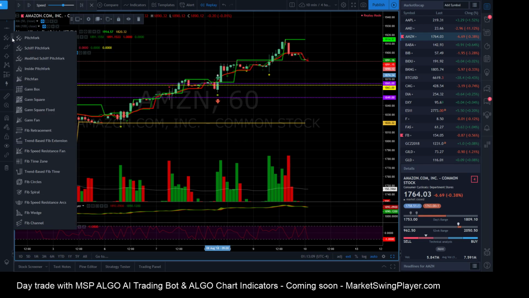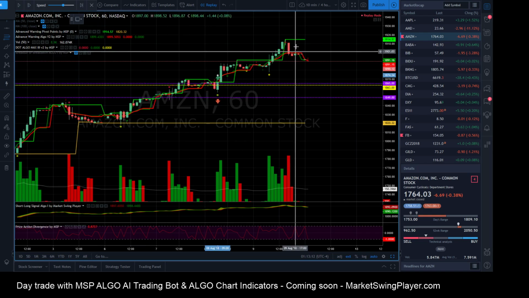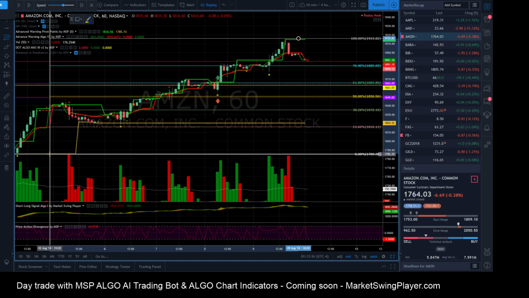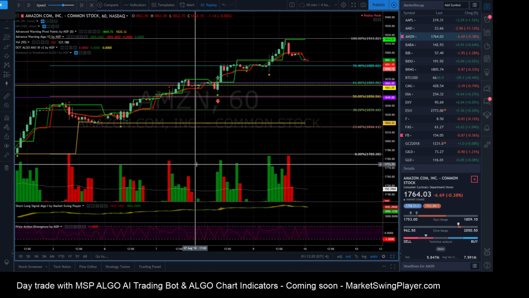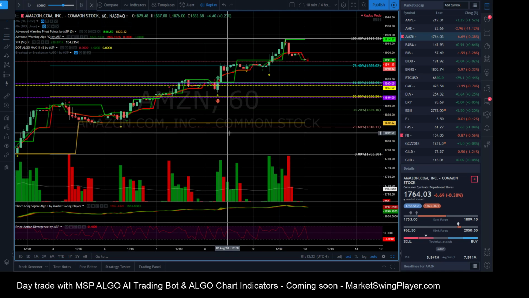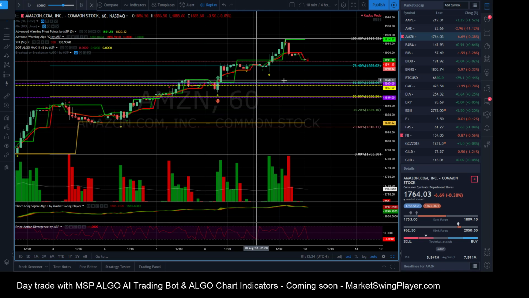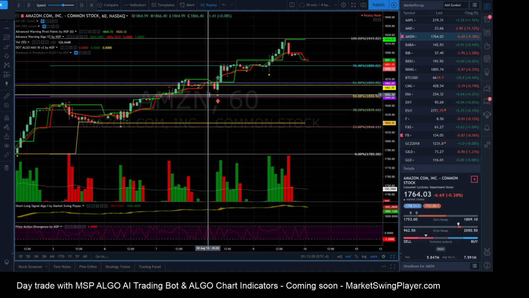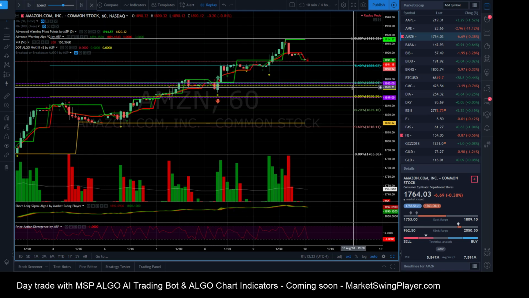Now let's pretend we had some support resistance on here, some fibs. We have 1865, so that's where that reversal pivot was, where there was a fib.